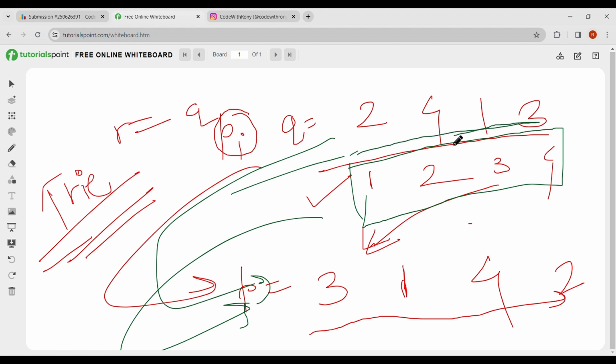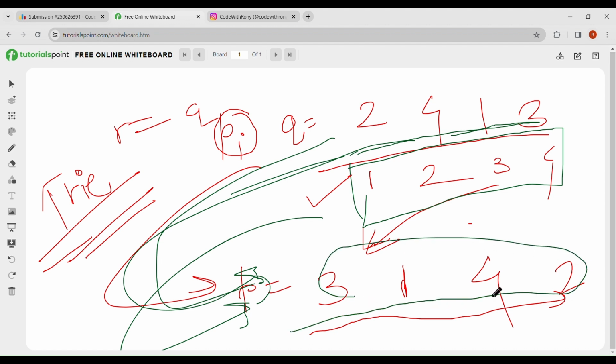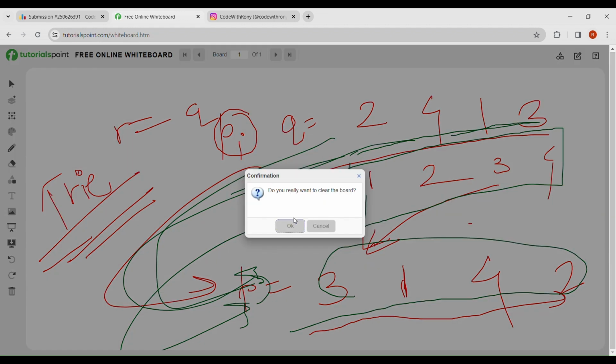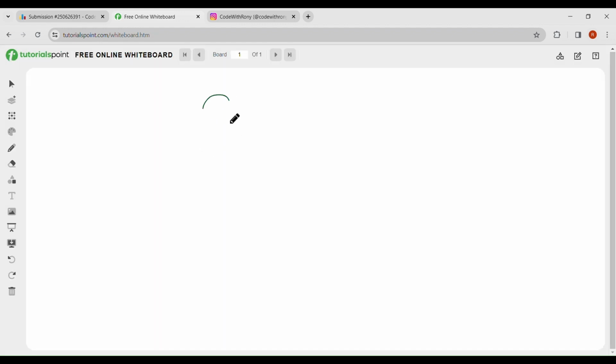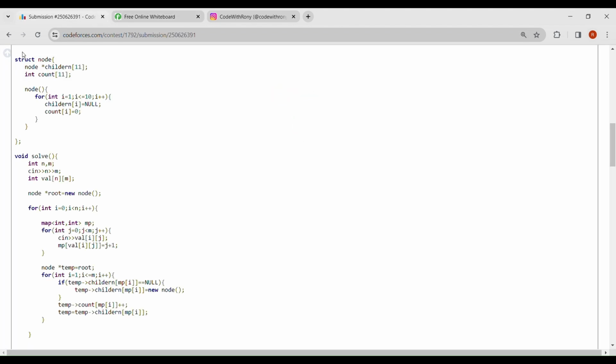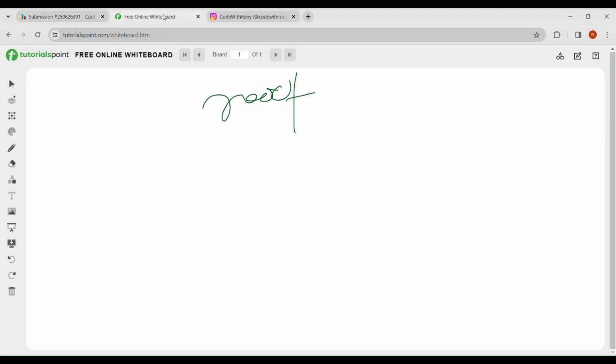From this q we will search whether the p 3142 exists or not, and we will get the value. In the trie, this is the root value. I am considering one structure node in which it is mentioned that there will be values 1 to 10 only, the number will be smaller than 10.